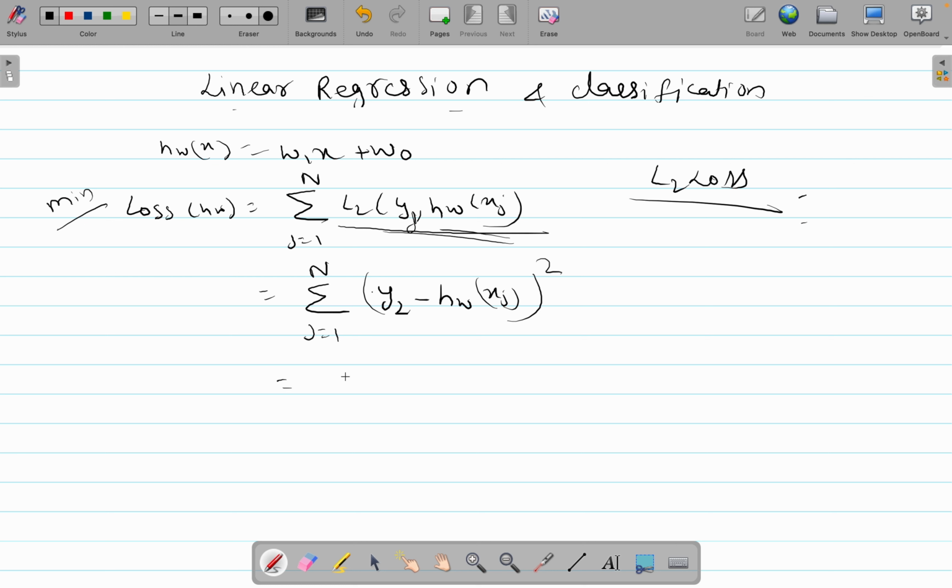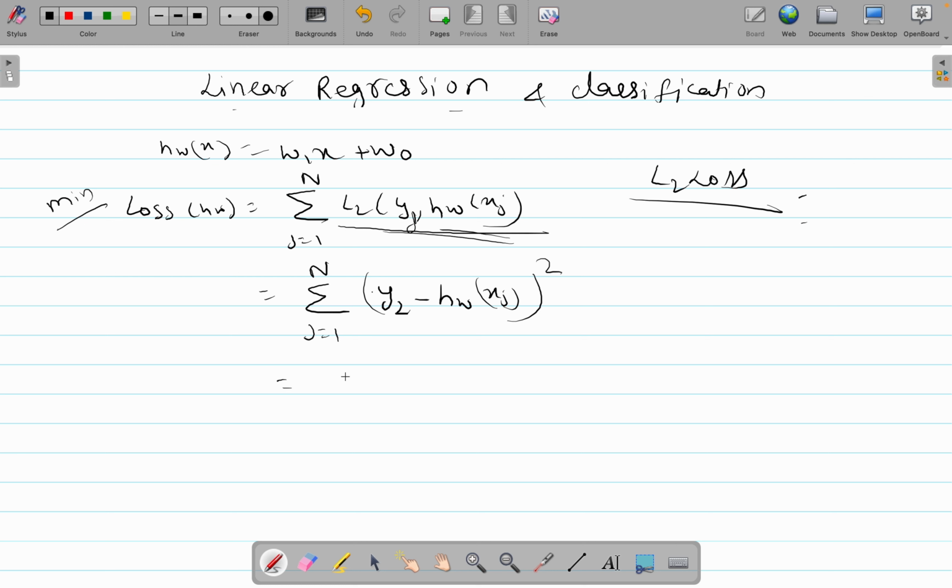If you see, x in the place, for n numbers we will change 1, 2, 3, 4. So for j, what we will do is w1 x_j plus w0, the whole square.